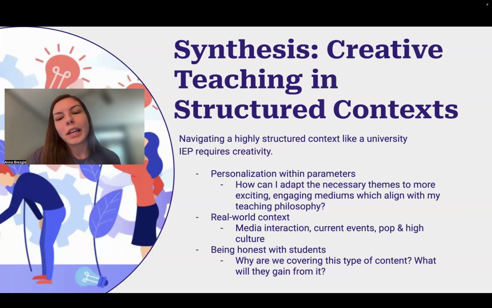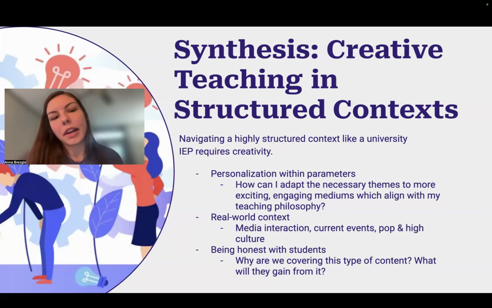I want to know how I can adapt the necessary themes, if we're talking about TOEFL, if we're talking about existing syllabi, to more exciting, engaging mediums which align with my teaching philosophy. And I want to do this by incorporating real world context: media and realia interaction, current events, pop and high culture, relevant speech situations.